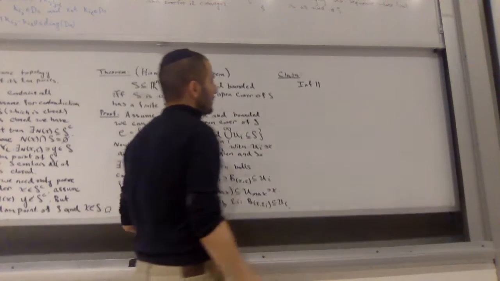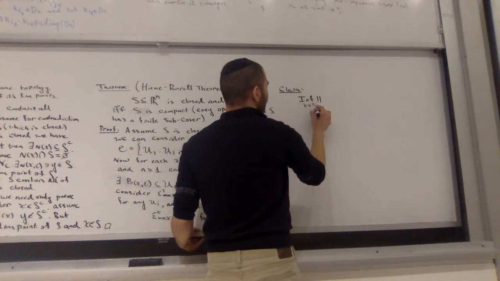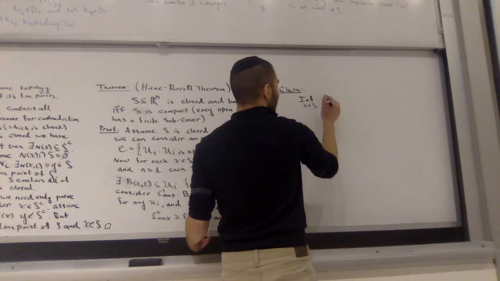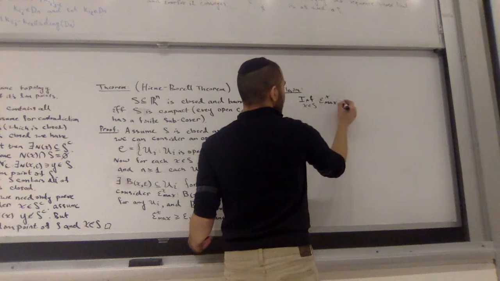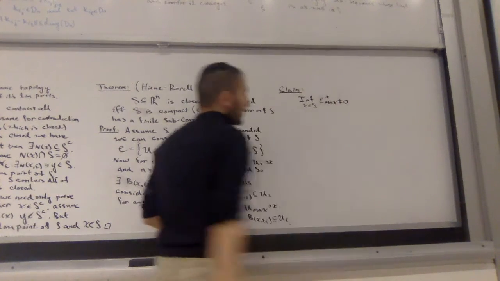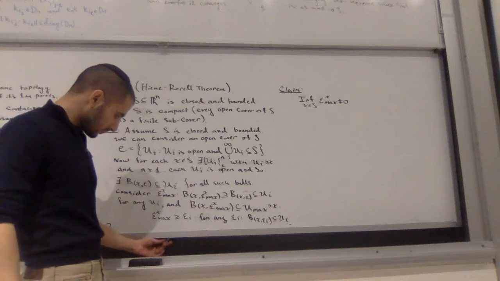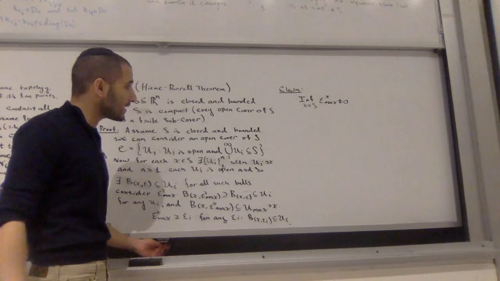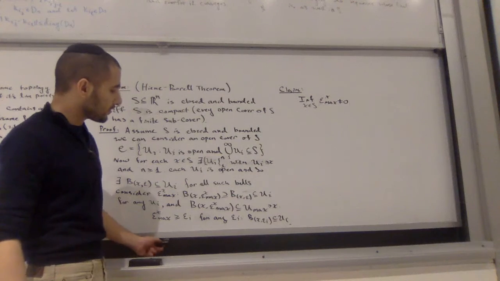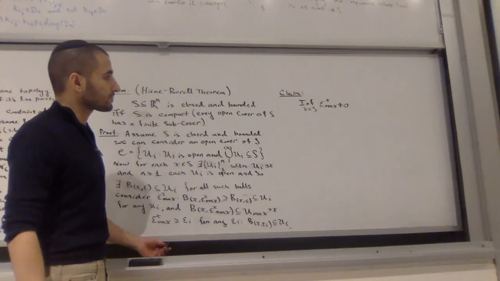Now, the claim is that the infimum over all x in S of epsilon max x is non-zero. That is the claim. This is a little bit of a nuanced claim, and it follows from the fact that S is closed.